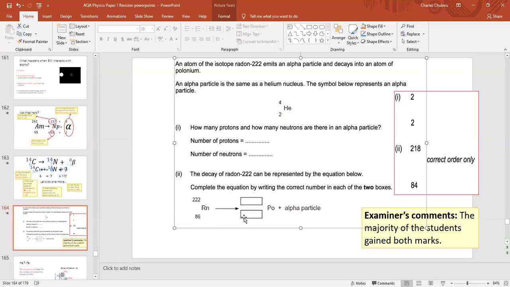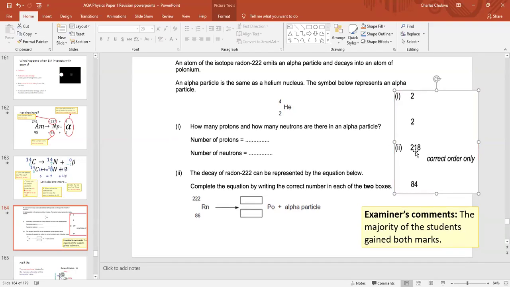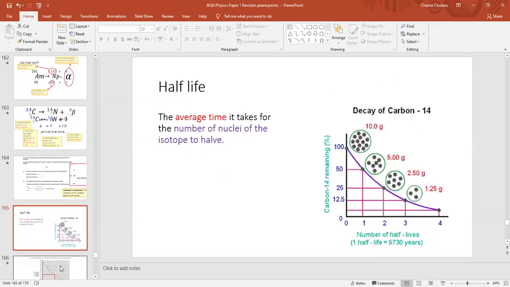And you already know that the alpha particle has what? 4 and 2. 4 on top, 2 below. So I'll subtract 4 from 222 to give me 218 at the top, and subtract 2 from the atomic number to give me 84 below. Did you get that? Yes. Okay, that was what I said back then.